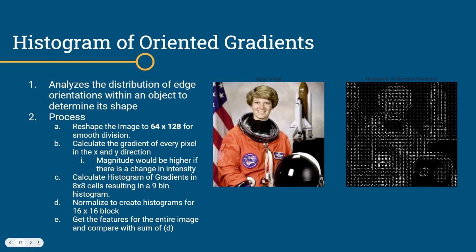Then we're going to calculate the gradient of every pixel in the X and Y direction. We're going to use something called a Sobel filter. Have you guys heard of that? Exactly.